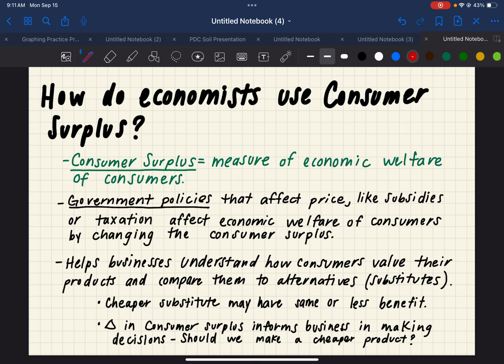So our consumer surplus goes up. And that might influence a company to produce a cheaper product themselves when they compare their product to a substitute.